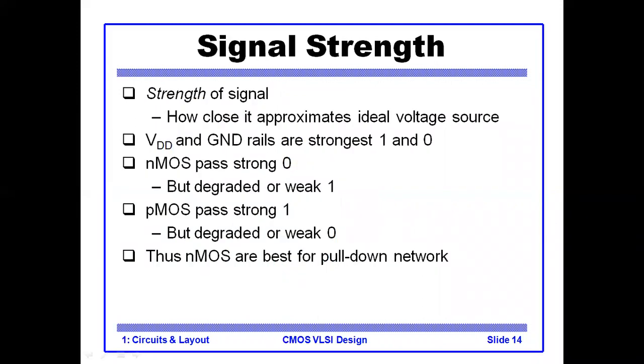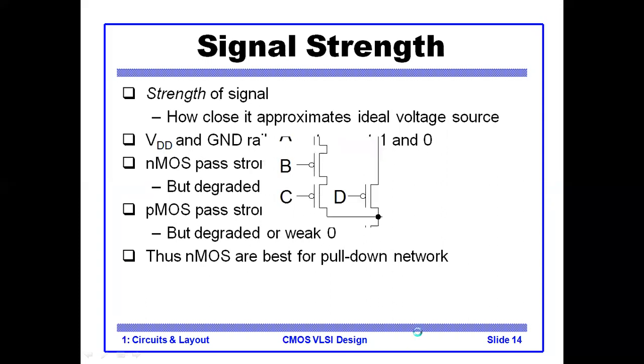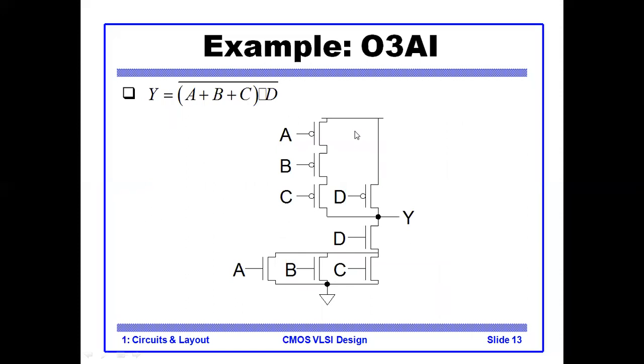Okay. Signal strength. Again here, always keep in mind the strength of the signal. That is again very important: how close it approximates an ideal voltage source. VDD and ground rails are strongest, 1 and 0. Here I'm applying the VDD, which is 1, and this is the VSS, the ground.